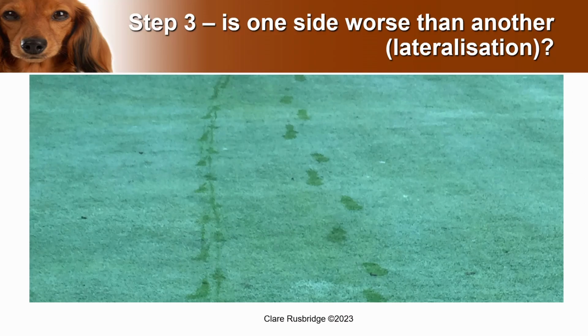Step 3 is determining if one side is worse than the other, so-called lateralization. That's important for a number of reasons. The most important one from a surgical point of view is that if one side is worse than the other, there's a good chance that the disc will be on that worst side.